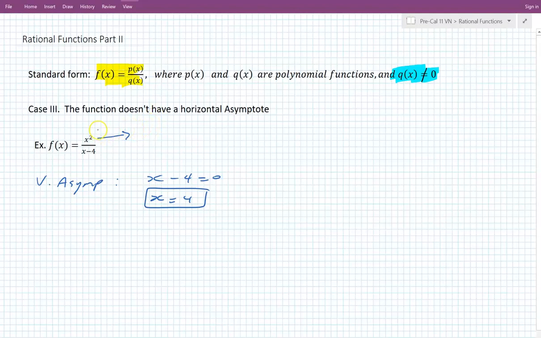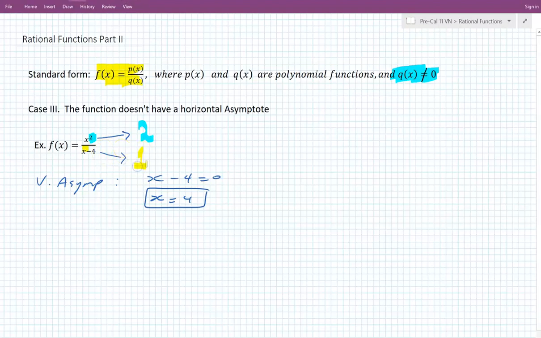If you look at the exponent, the degree of the term in the numerator is 2. And this degree 2 is bigger than the degree of the term in the denominator, which is 1.